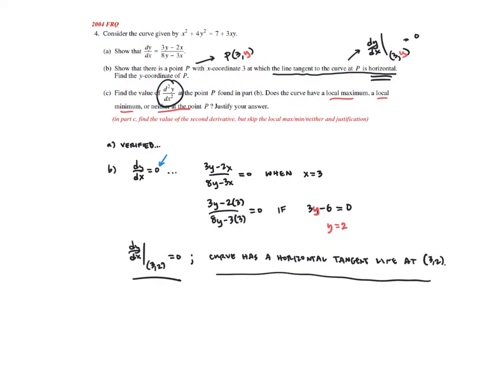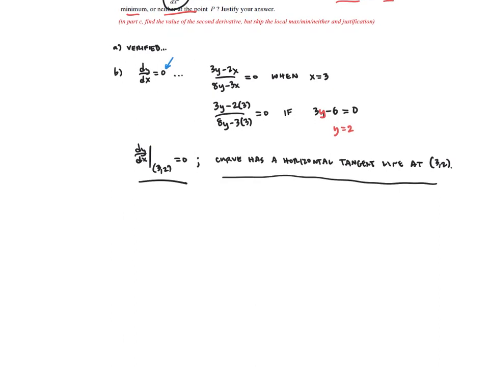Let's take what we know in part B and find the second derivative. So dy/dx is equal to (3y minus 2x) over (8y minus 3x). If I take the derivative of both sides, the derivative of the first derivative gives me the second derivative.